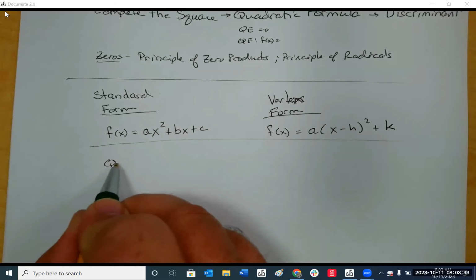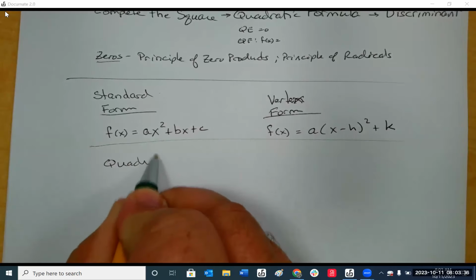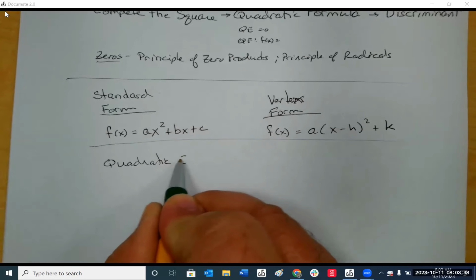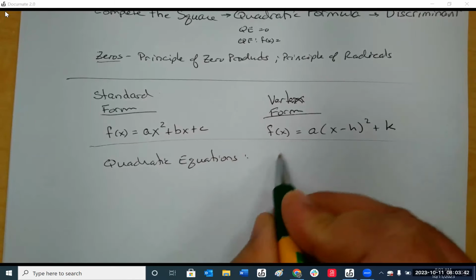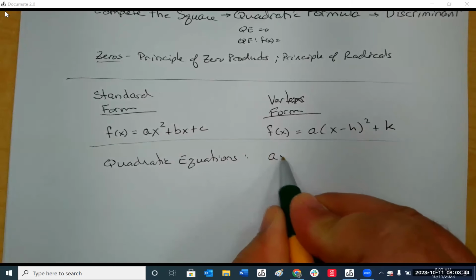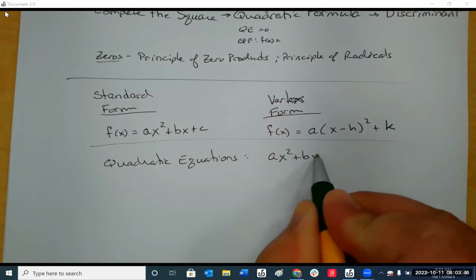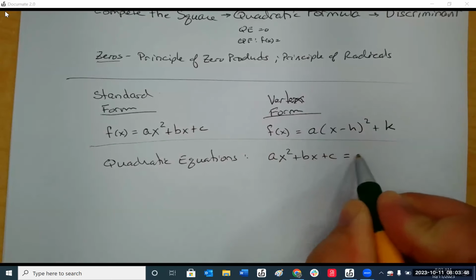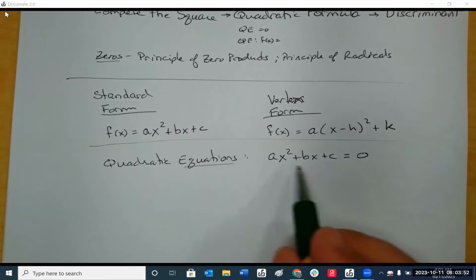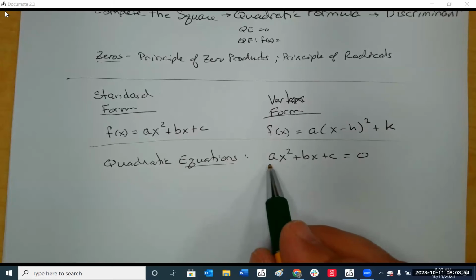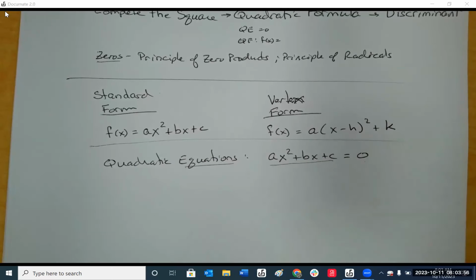Quadratic equations look like this. Because they're equations, they have to be equal to something. So whenever we solve these, we have all the terms on one side set equal to 0.